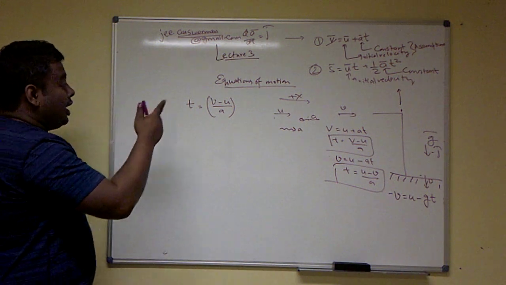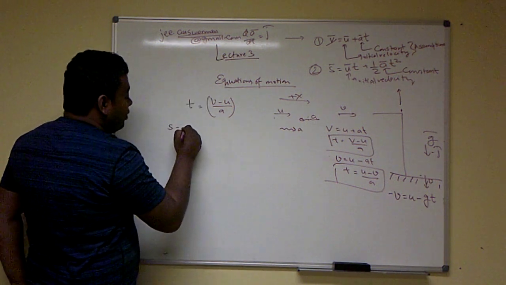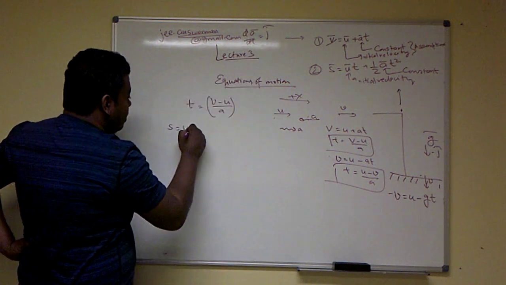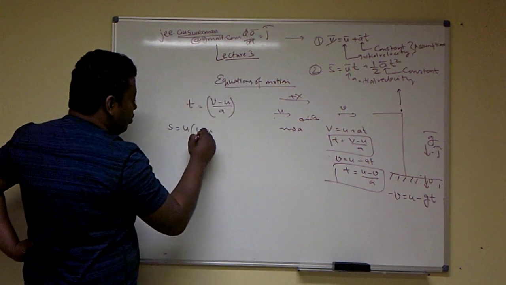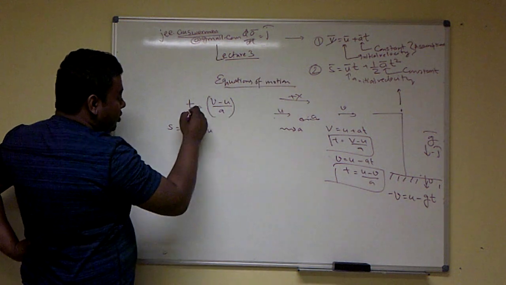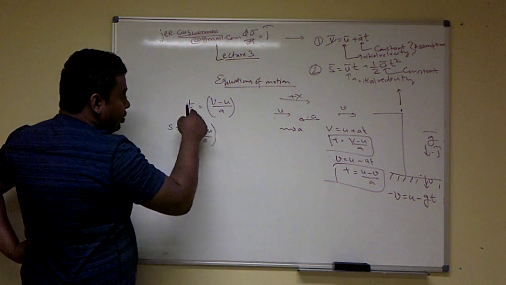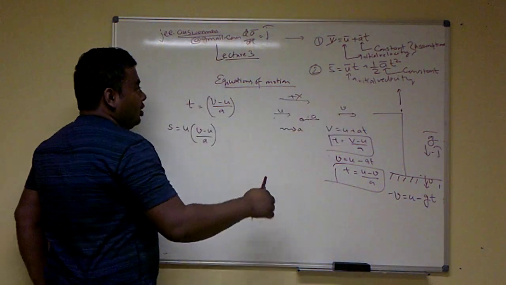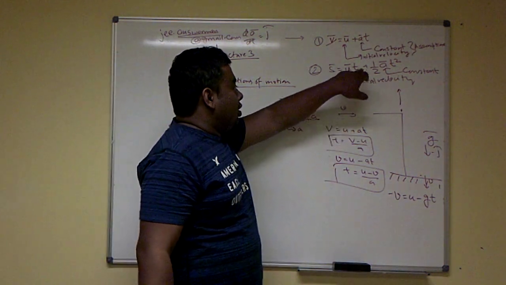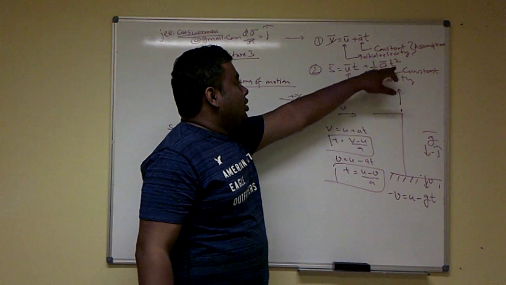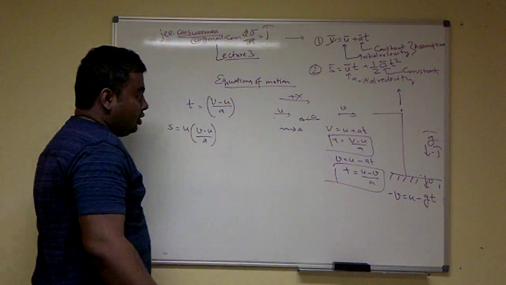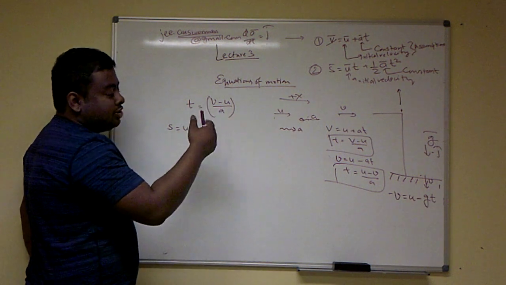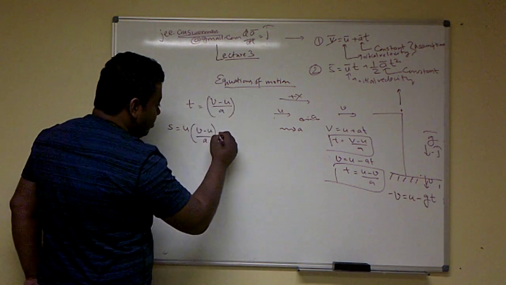Then once you get that time, if you put it in the scalar valued second equation, or the scalar analog of the second equation, then this will look like s equals ut plus half a t squared. Instead of time, you will put this substitution in there, for the first and second power of that same variable.